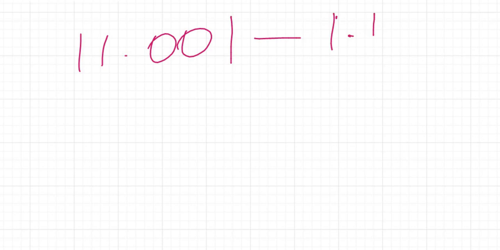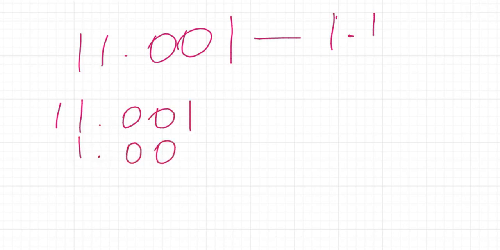So let's look at the last one. Let's say we have 11.000, let's say 1 minus, say, 1.1, and so we rewrite them in their respective order. And you can see that we only have one decimal place for this one.